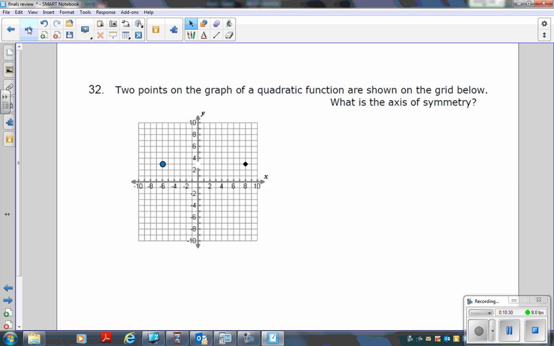2 points on the graph of a quadratic function are shown on the grid below. So what they're asking for is the axis of symmetry. So again, remember, if these are symmetric points, they're an equal distance away from each other. So let's see.